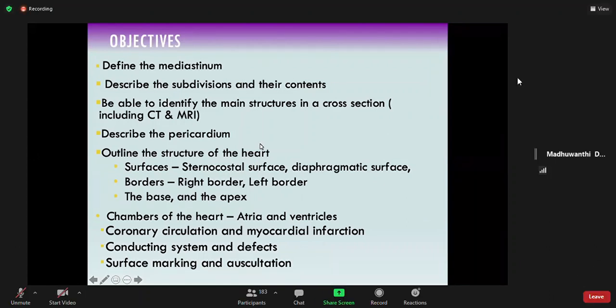So roughly the objectives would be to define what the mediastinum is, to describe the subdivisions and their contents, and then also to identify and learn about the structures and their relations within these subdivisions, and to identify these structures in a cross section using the cadavers or atlas pictures as well as CT and MRI images.